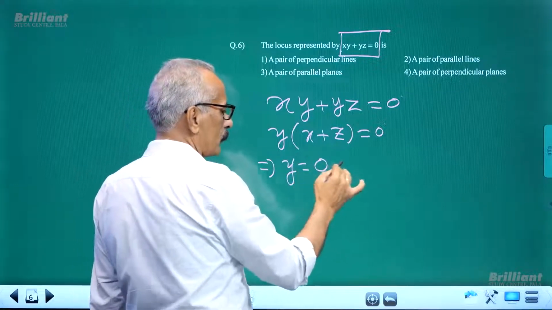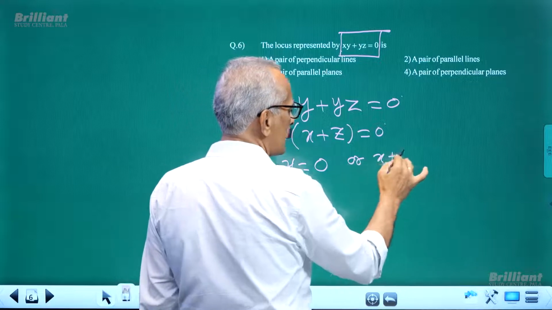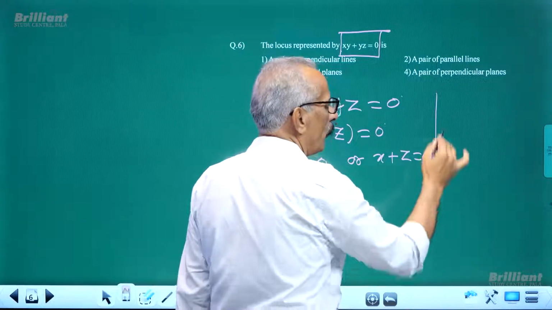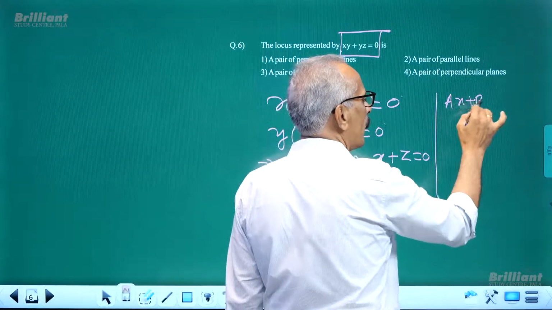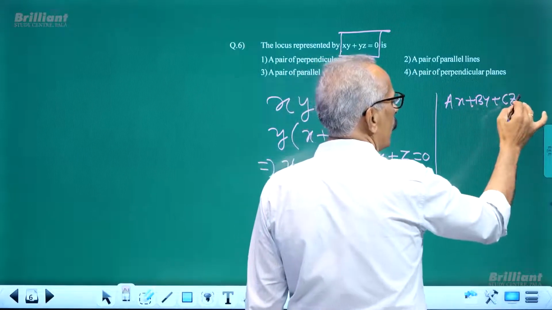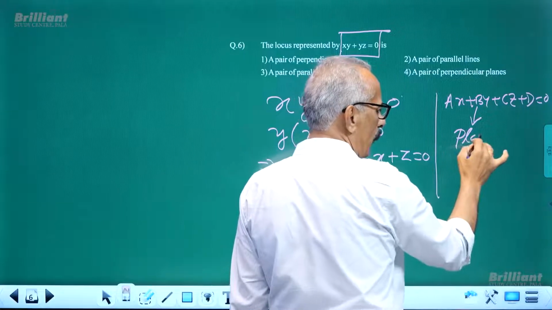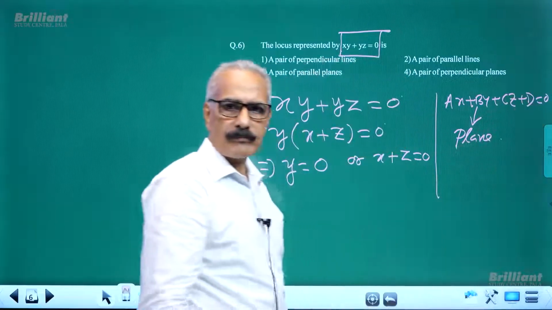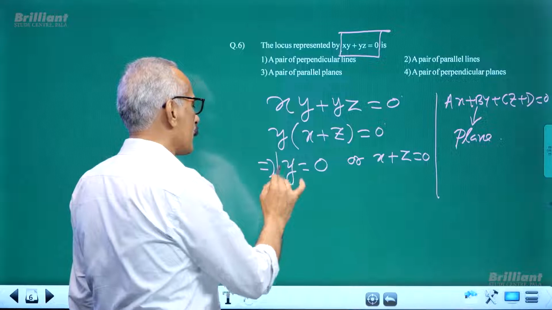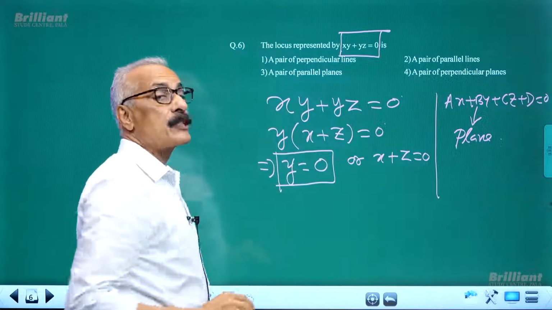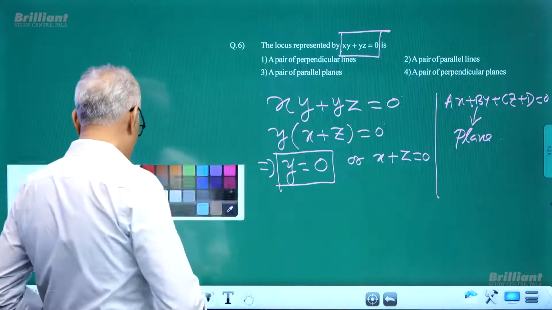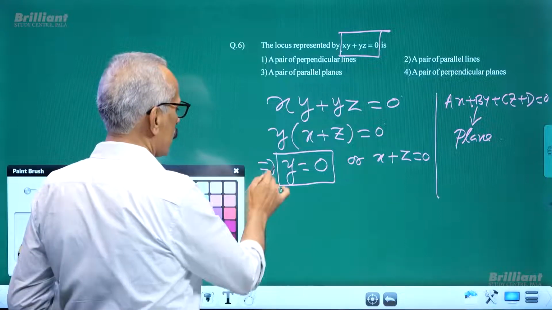Y is equal to 0 or x plus z equal to 0. You know, ax plus by plus cz plus d equal to 0 represents in three-dimensional geometry a plane. Well, y is equal to 0 is what then? This is called the xz plane.